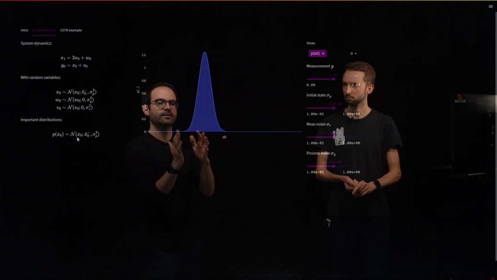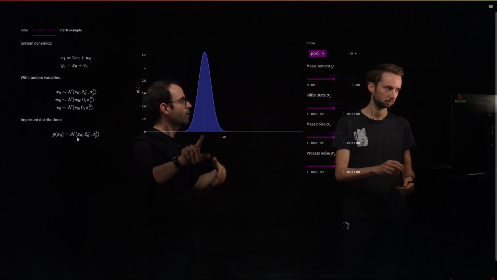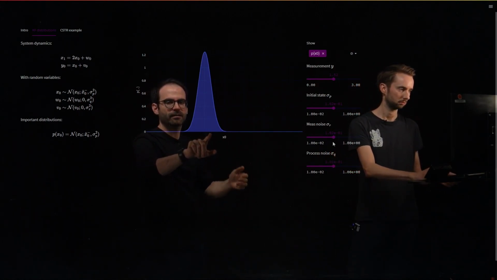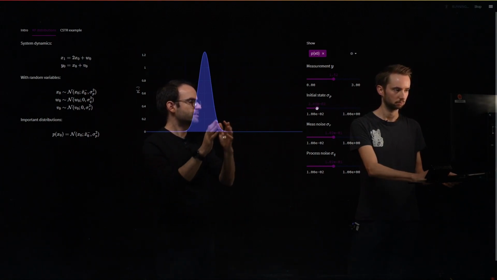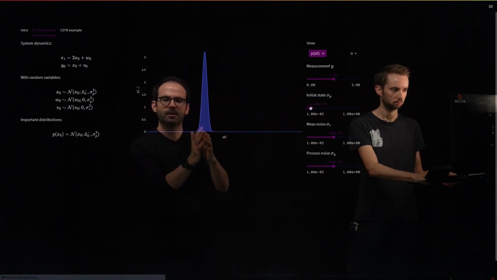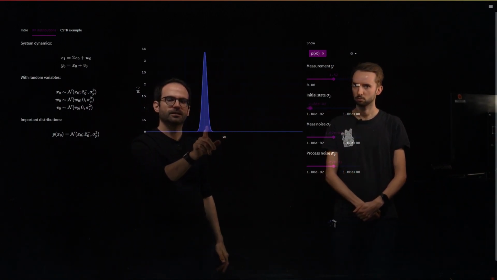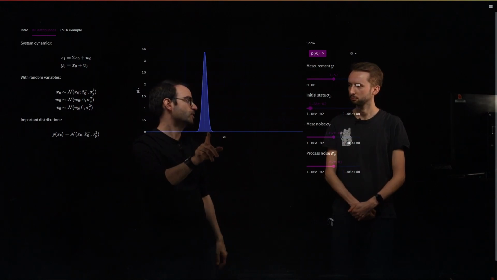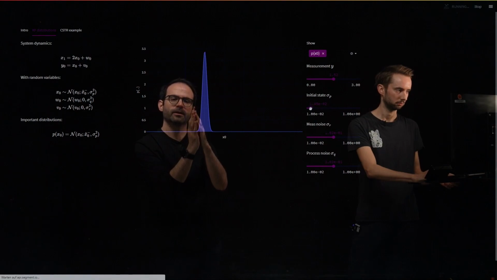What this means is whether we are very confident that our estimate is exactly here, or we are not so sure, and it can vary a lot. For example, if we make this variance sigma p smaller, this means we are more sure that the state is actually here, and this distribution gets narrower and narrower.